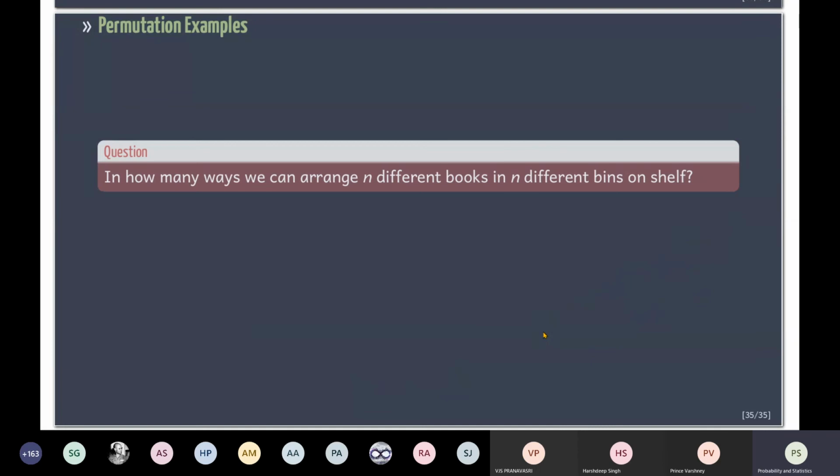Okay, let us see some permutation examples. In how many ways can we arrange n different books in n different bins on the shelf? The important thing to note is that each bin can take only one book, and there are n different books.